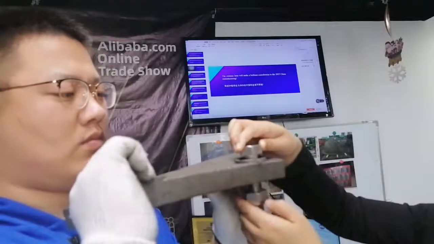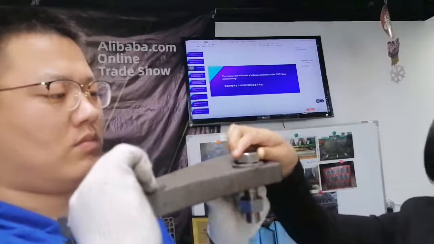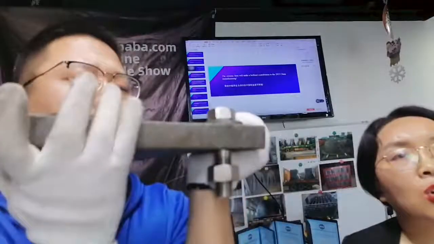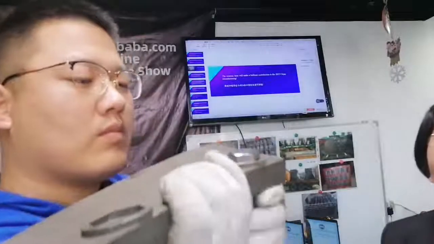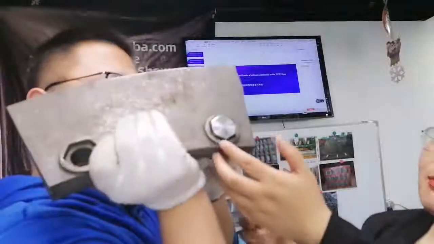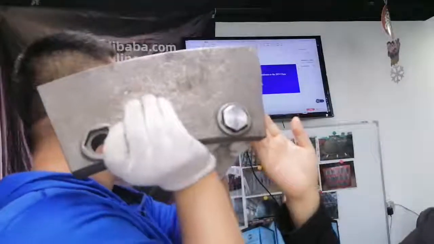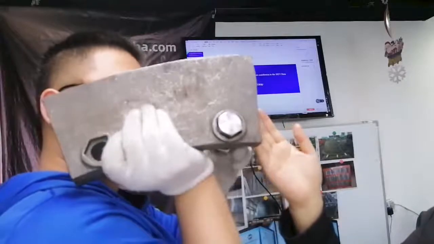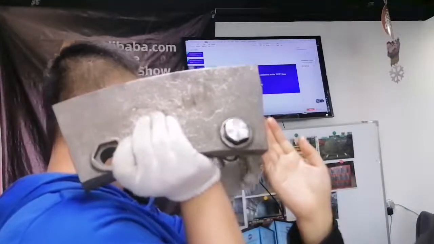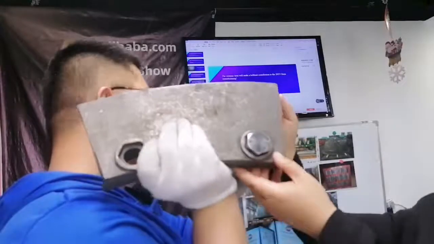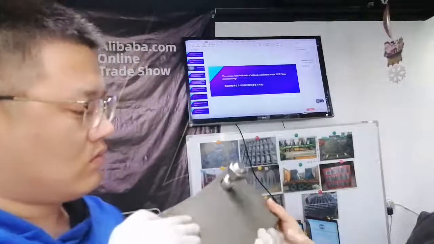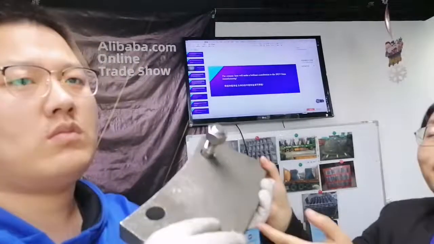The material grade is 310 stainless steel, also to resist the high temperature working condition. Because this part will be used in up to 1,300 centigrade working condition. Also, it will be installed in the screw conveyors.